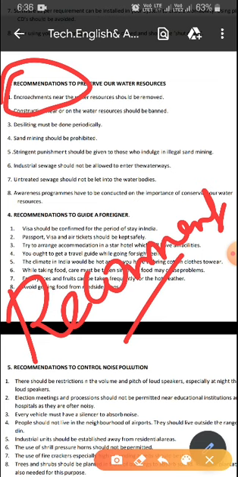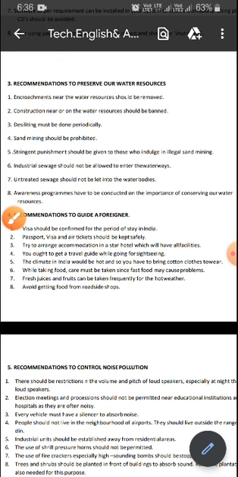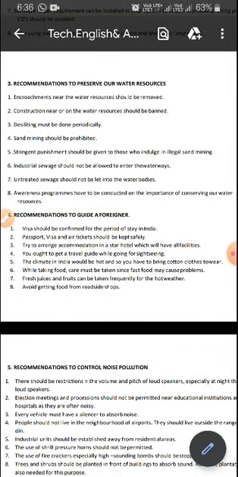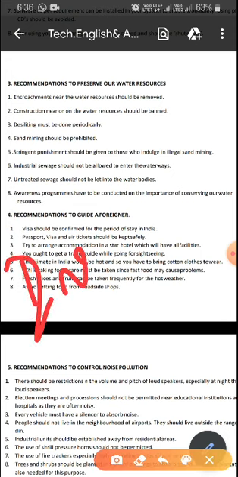In this question also, there is a prescribed format, like instructions. Instructions started with an action verb, right? For instructions, action verb.